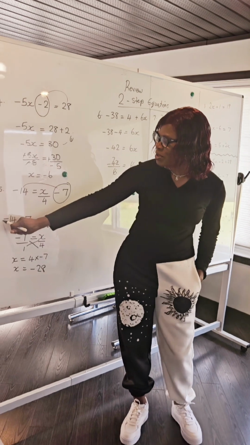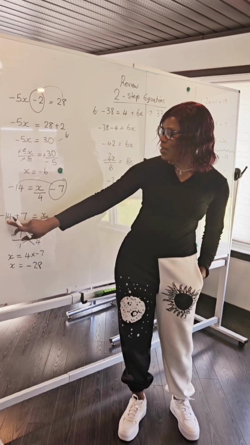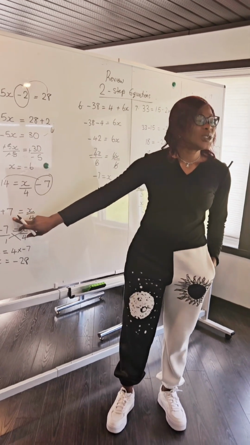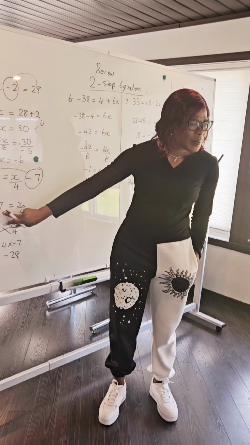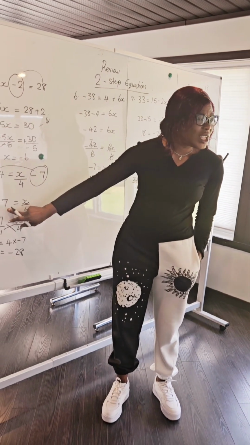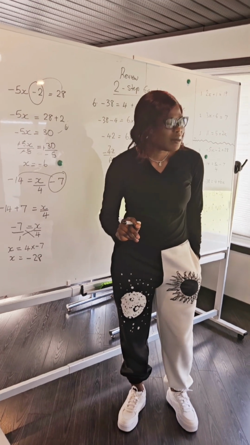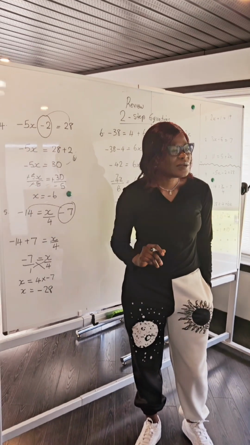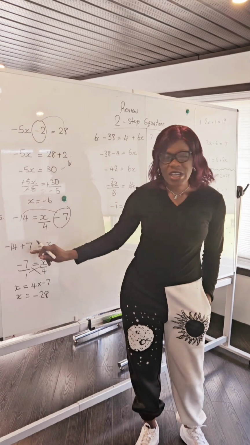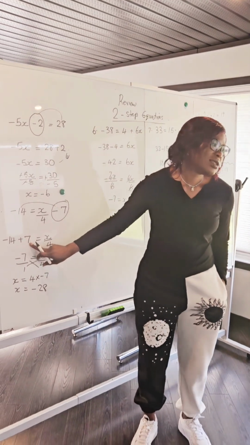I used to tell my students, when you have something like this, -14 + 7, what do you think the answer will be? You need $14 to buy maybe a new pair of shoes, but you check your account, you have only $7.